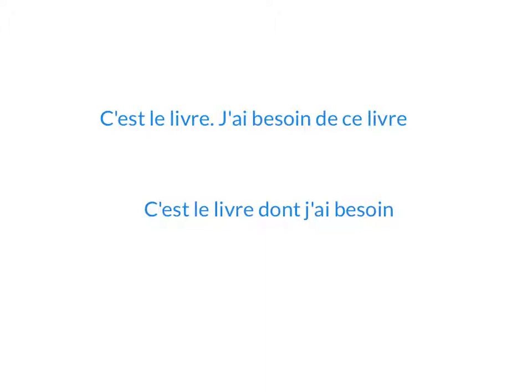It is really important to understand at this stage that the reason I'm using dont is because of the de, which is here. Okay, and the de is actually attached to the phrase avoir besoin de.